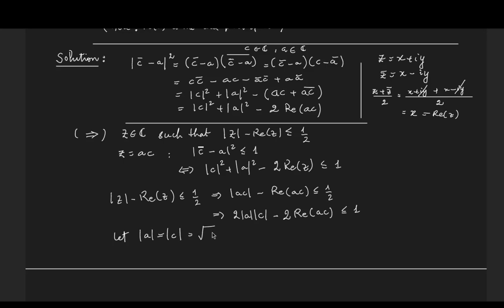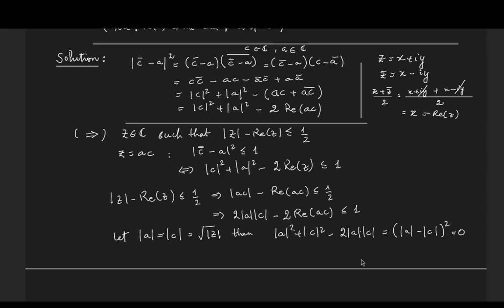Then |a|² + |c|² - 2|a||c| is equal to (|a| - |c|)².